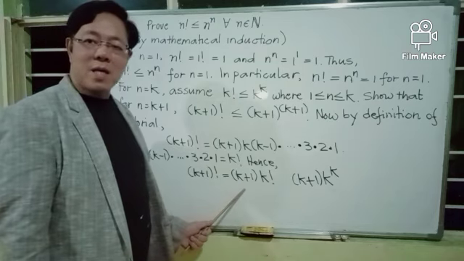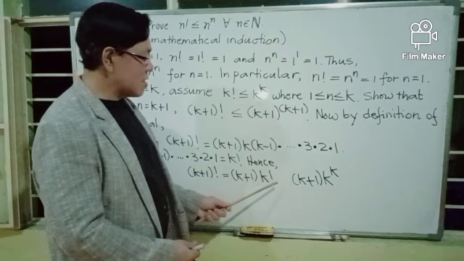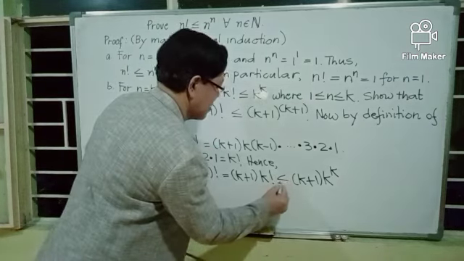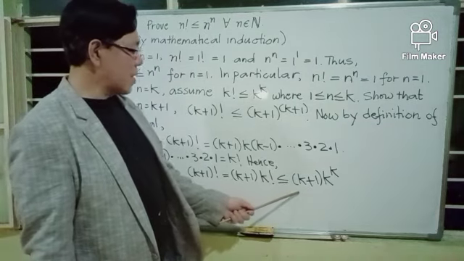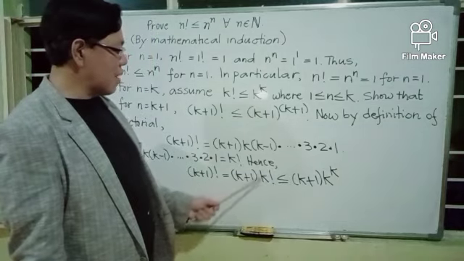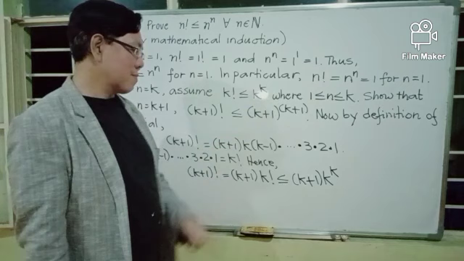Or this product, k plus 1 times k factorial, is less than or equal to k plus 1 times k to the power k, because this k factorial is less than or equal to k to the power k.